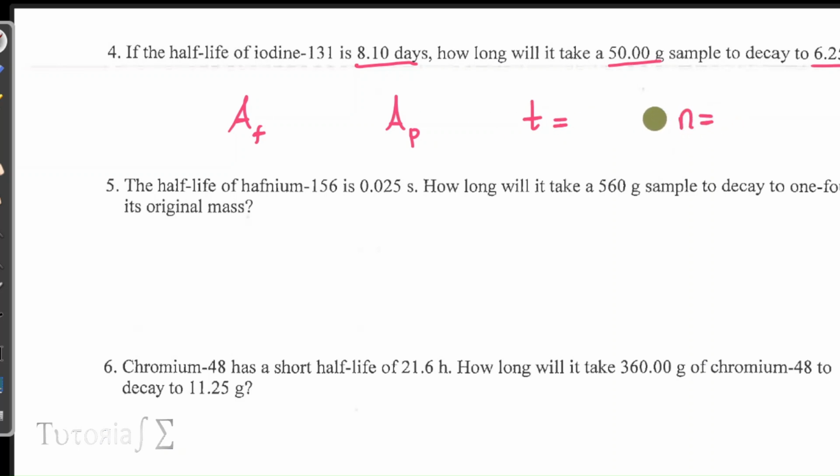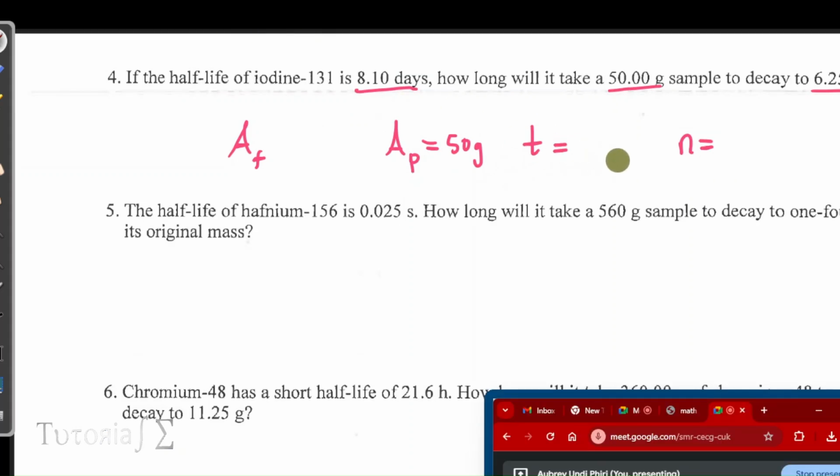Initial mass for iodine. What is the initial mass? 50 grams. Very good. So now we've been given AP. AP is simply the present value, which is 50 grams. Then what else have we been given?